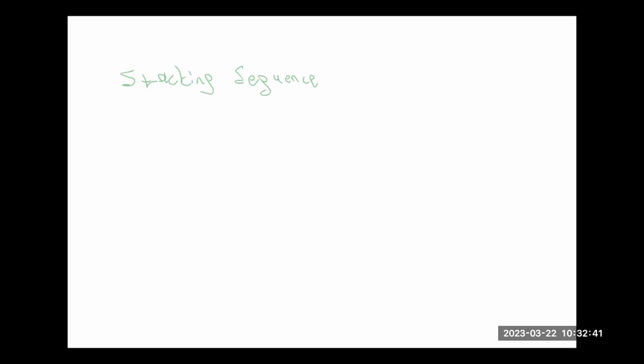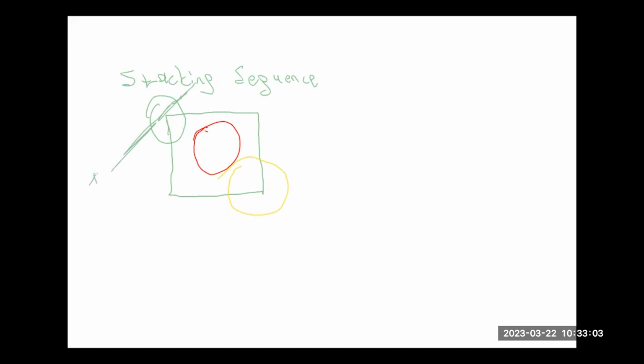Like we had a center cubic. We had an atom here, another atom at the face, another atom at the other corner, and we had A, B, and C planes, right? So what was the stacking sequence in FCC?